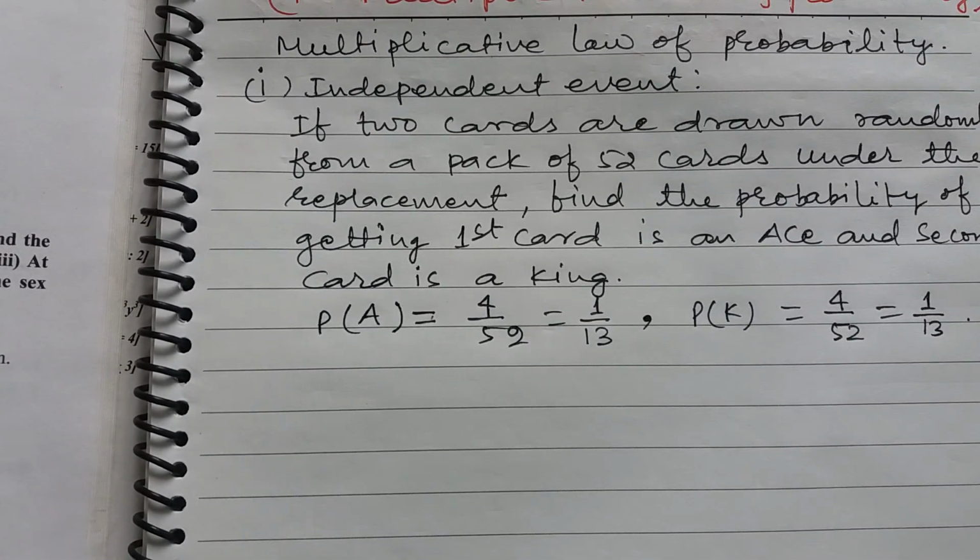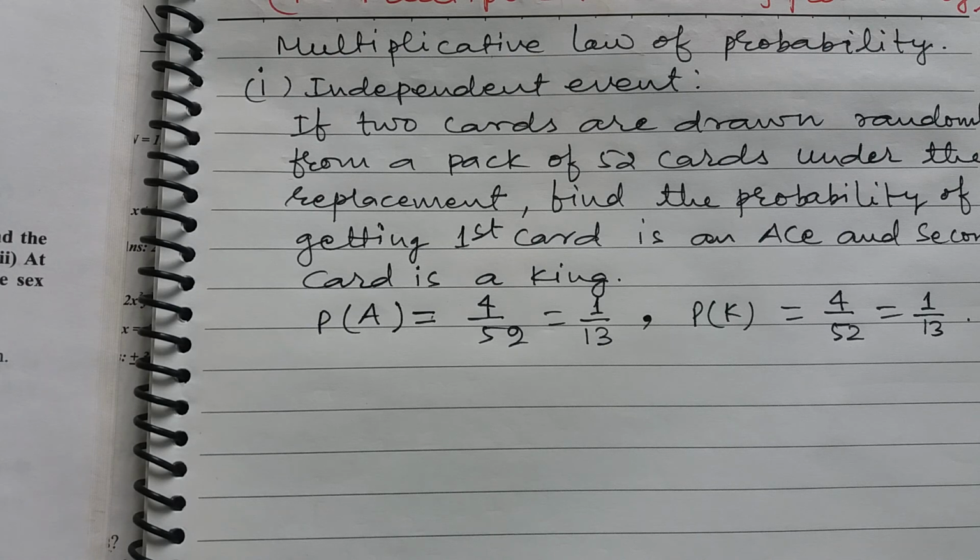Student, because of taking out the first card, there is no any difference in the probability of getting the card the second time. Why it is not different? Because in general when we take out the probability of king from a pack of 52 cards, then its probability is 1 by 13. So why they are independent?